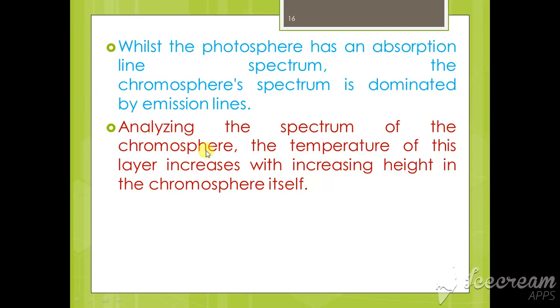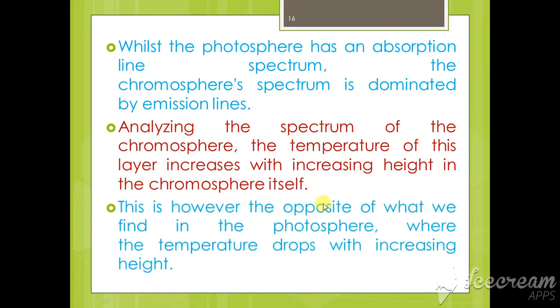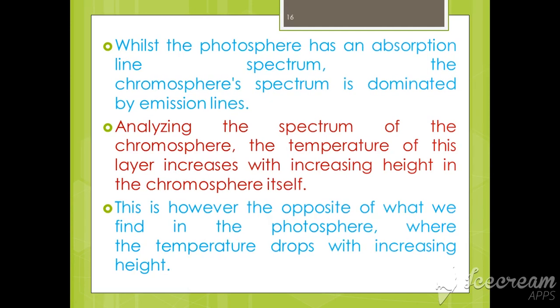Analyzing the spectrum of the chromosphere, the temperature of this layer increases with increasing height in the chromosphere itself. This is, however, the opposite of what we find in the photosphere, where the temperature drops with increasing height. So this is the difference between the photosphere and chromosphere.